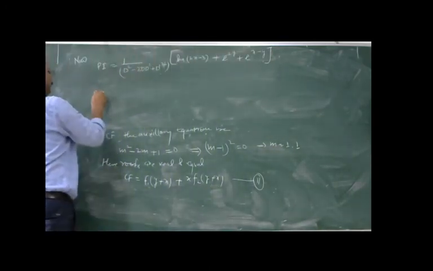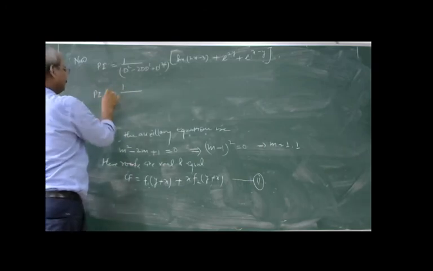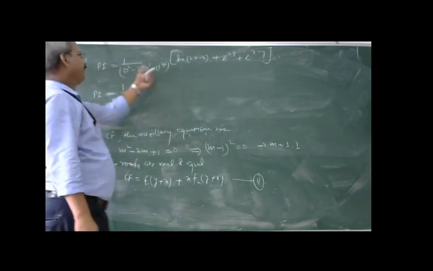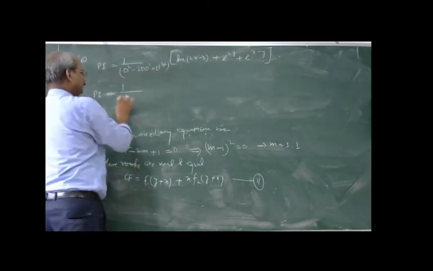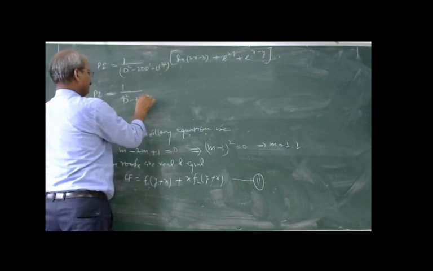So here, particular integral equals 1 upon D square minus 2DD' plus D' square. First separate it in this form.